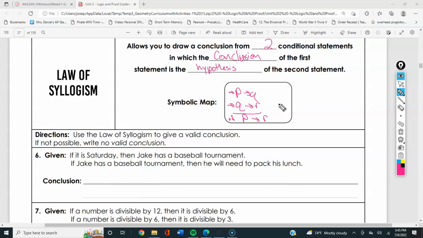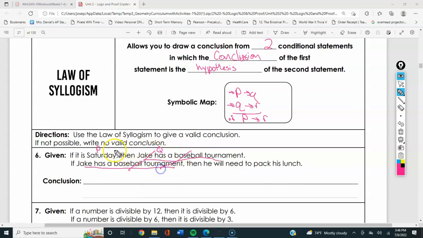Let's do an example and see what happens. So if it is Saturday, then Jake has a baseball tournament. If Jake has a baseball tournament, then he will need to pack his lunch. Well, I've got P then Q. Now the end of this one, has a baseball tournament, matches the start of this one.